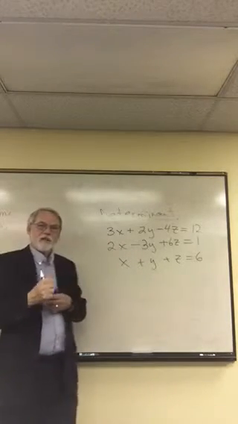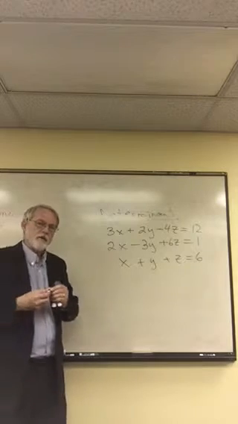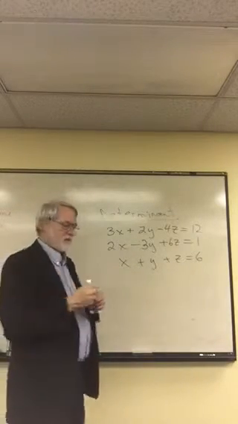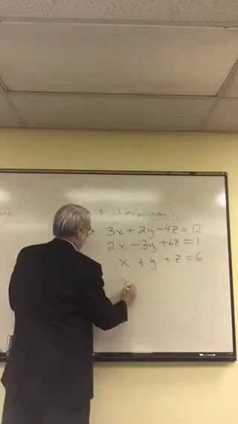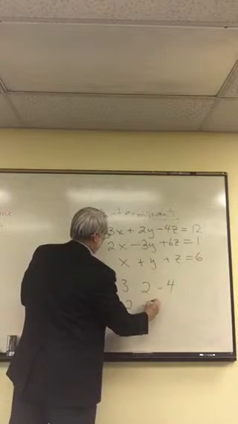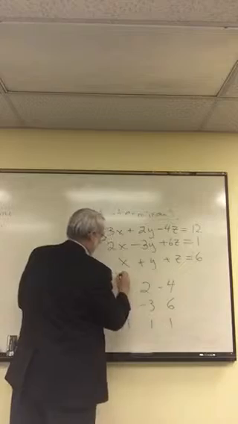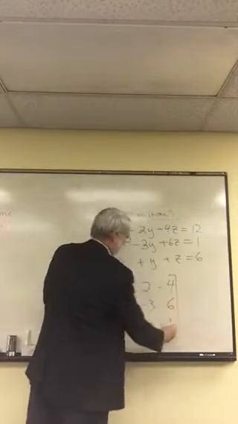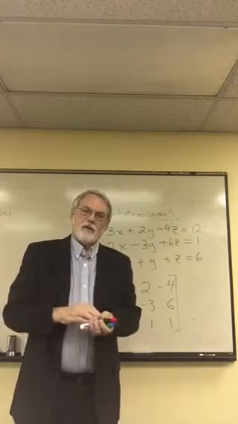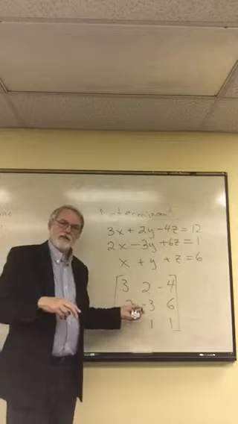So that's a system of 3 equations in 3 variables, and we can find the determinant of it also. You simply bring down the coefficients, so now we have a 3 by 3 matrix, and there are 2 methods for determining the value of this matrix.